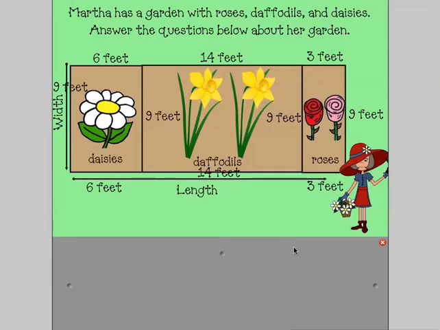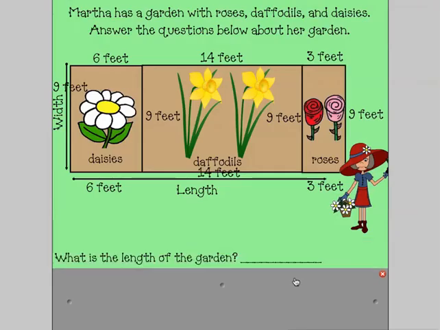Let's take a look at one of the questions I want you to be able to answer. So first question, what is the length of the garden? Now, I want you to be very careful here because they're asking for the length of her entire garden, not one single section, but all of the sections together, the whole garden. I've told you in the picture that this is length right here.